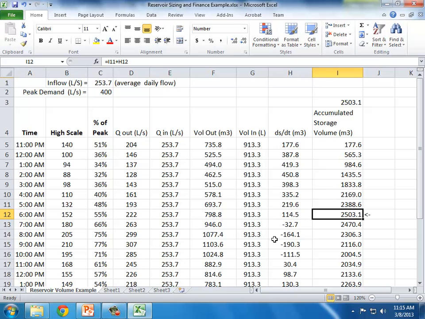This is when the reservoir that we just analyzed had a constant input and the output is variable. And so this was drinking water.